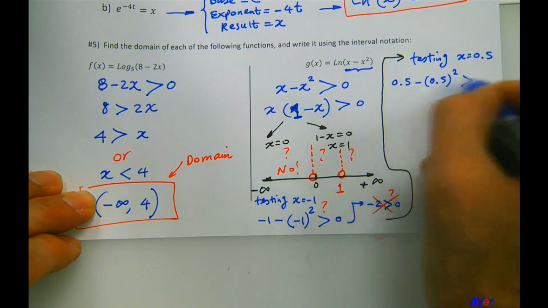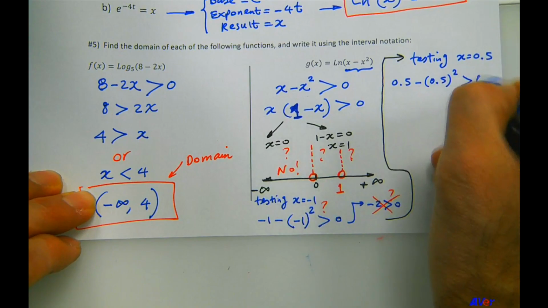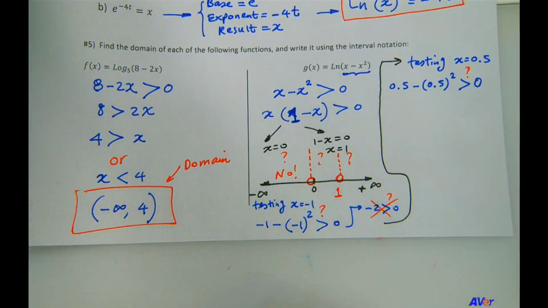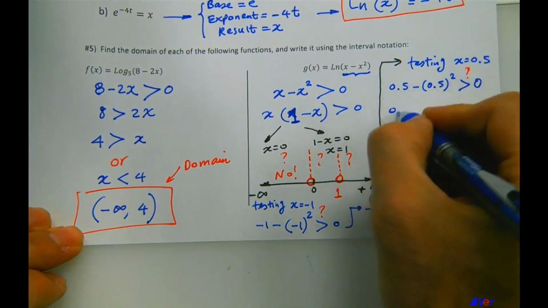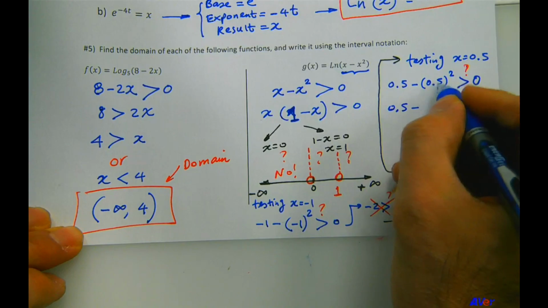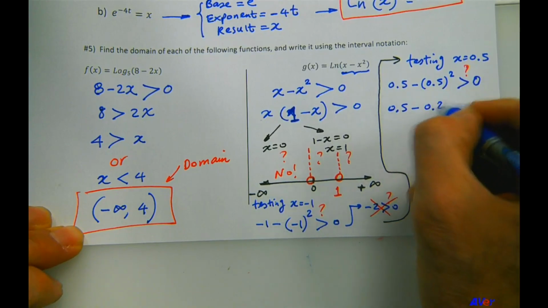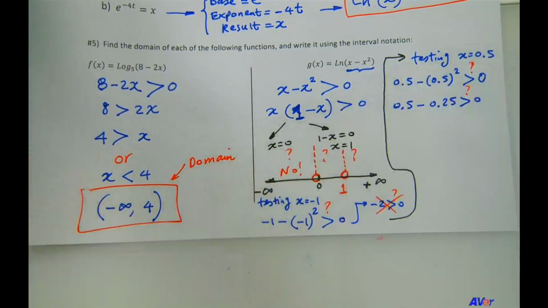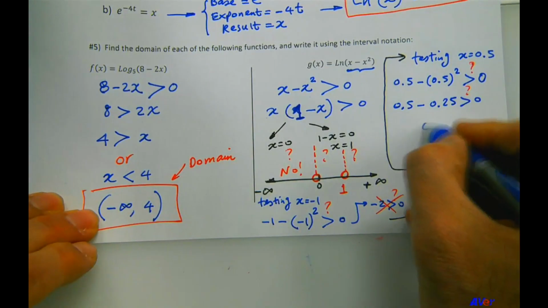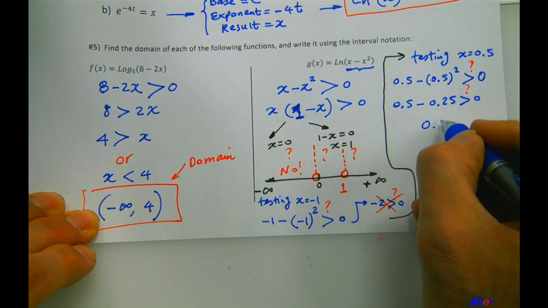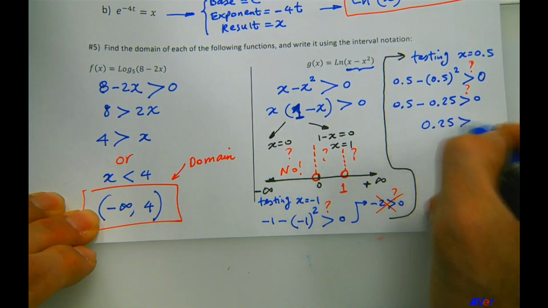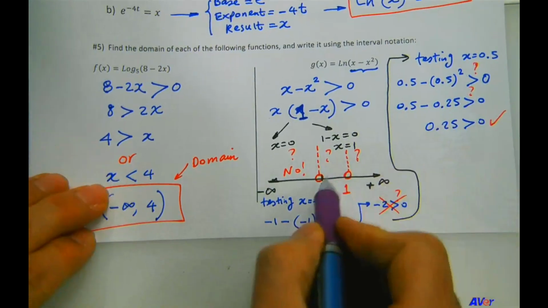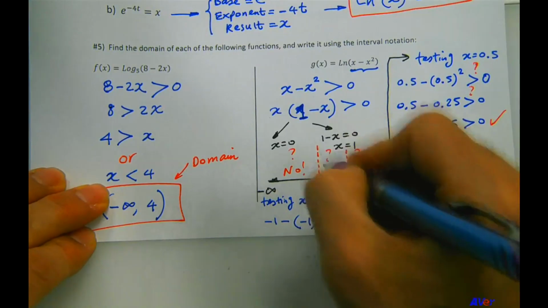We're asking if, when we do that, the left side is greater than 0. That's the question we're investigating. We have 0.5 here, and 0.5 squared is 0.25. 0.5 minus 0.25 is 0.25, and that is greater than 0, definitely. So yes, between 0 and 1, it checks out.